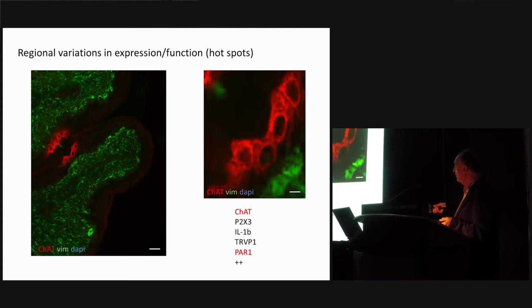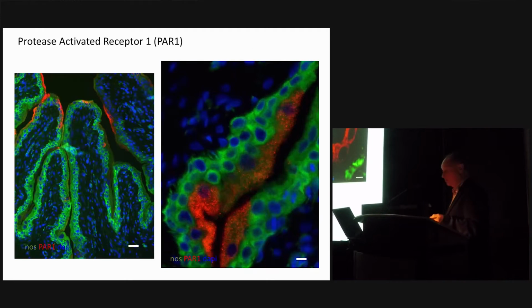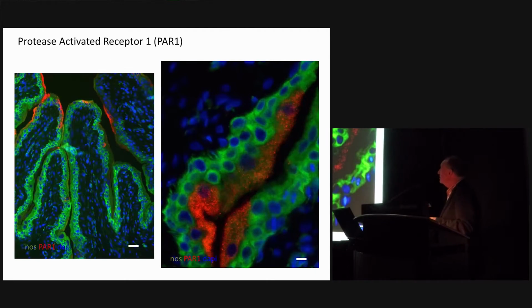Now, many of the markers that we use to look at the urothelium actually also behave in this punctate way. And the example that I want to just rehearse a little bit more on is this molecular mechanism here, the protease activated receptor PAR1. And that's involved in sensing protease activity and then activating the cells.